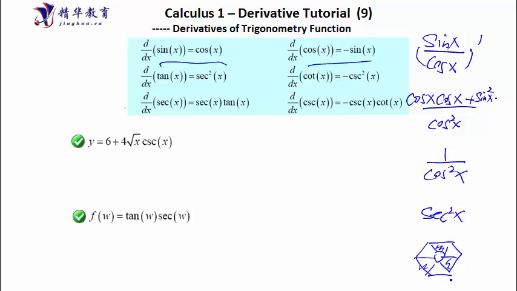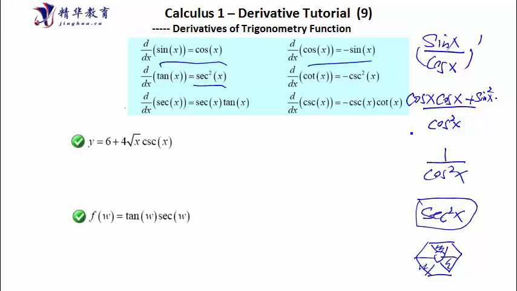I just assume you know these things because you are a calculus student. So this is how to use the simple quotient rule to derive the tangent function derivative. I just proved it: tangent derivative is secant squared.